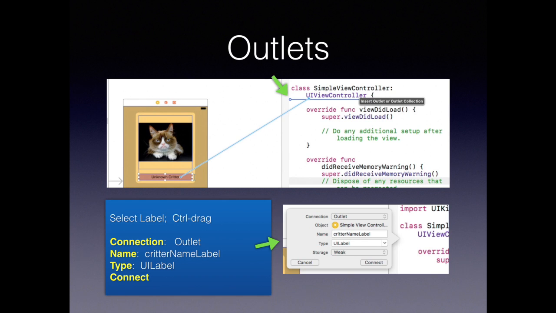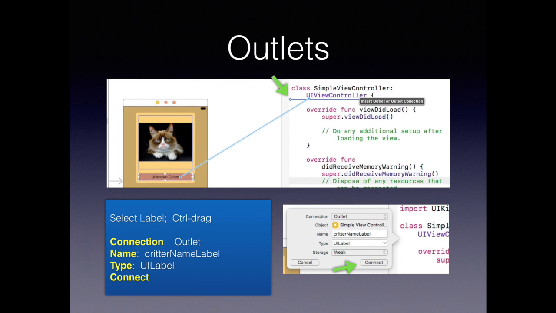Outlet means it will create a property of the simple view controller class. We'll give it a name, so that's the name of the property, and we'll give it a type, and that's the type of class that this property is.